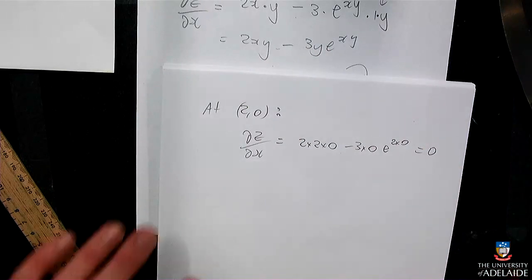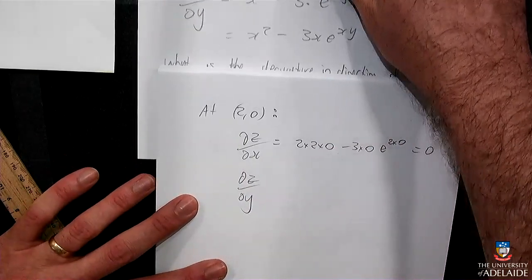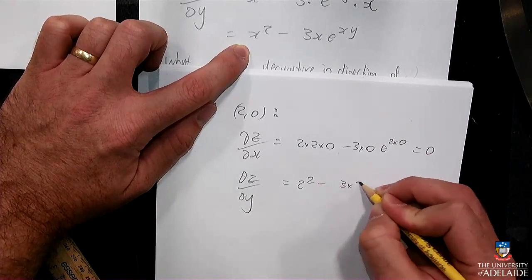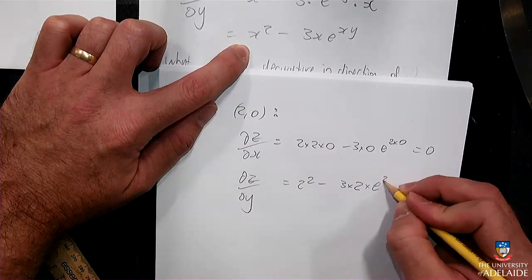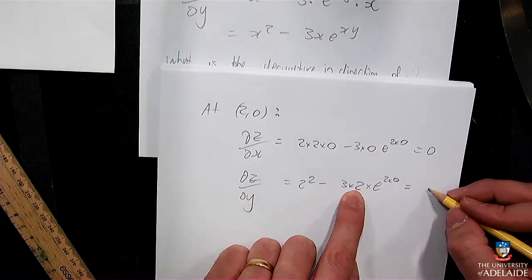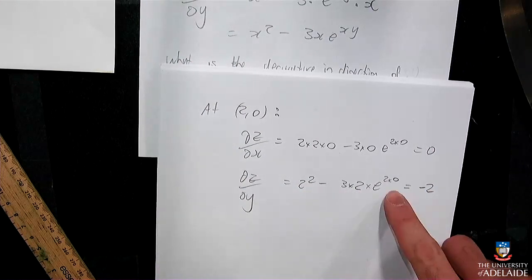Sad, but anyway. And dz on dy is 2 squared minus 3 times 2 times e to 2 times 0, which is 4 minus 6, which is negative 2, because e to the 0 is 1.